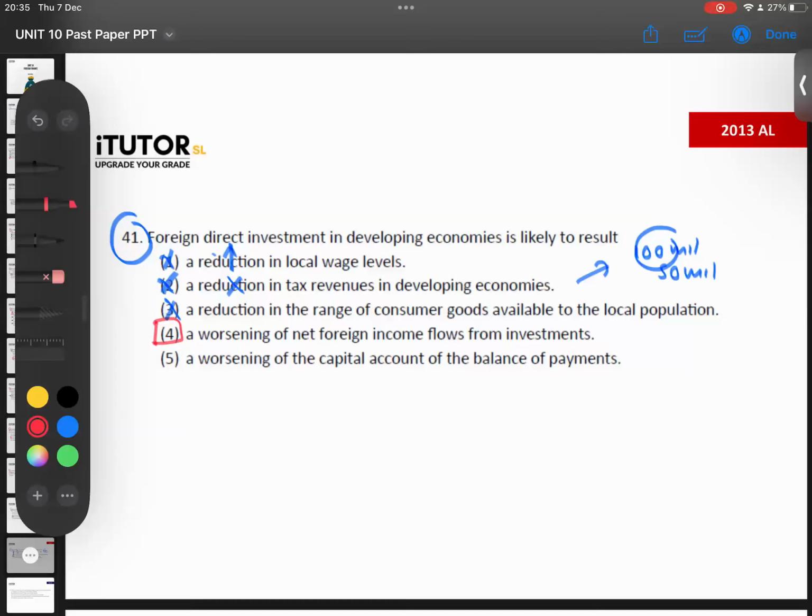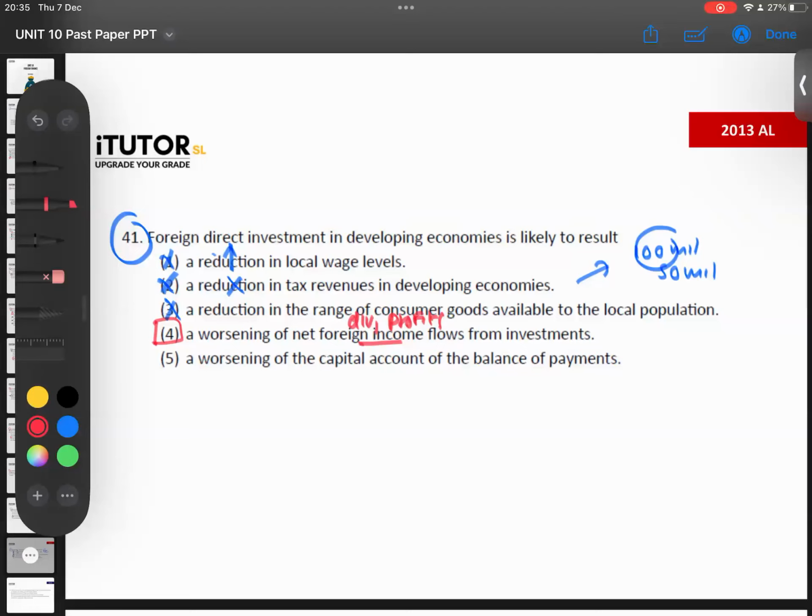If Nike comes and earns a profit and starts businesses here, what will they do? They will send out money, no? Dividends will go out. So dividends is net primary income. They will send out their profits back to their home country, USA. So dividends, profits, all of that will flow out. So that can worsen your net foreign income flows. That can be your answer.